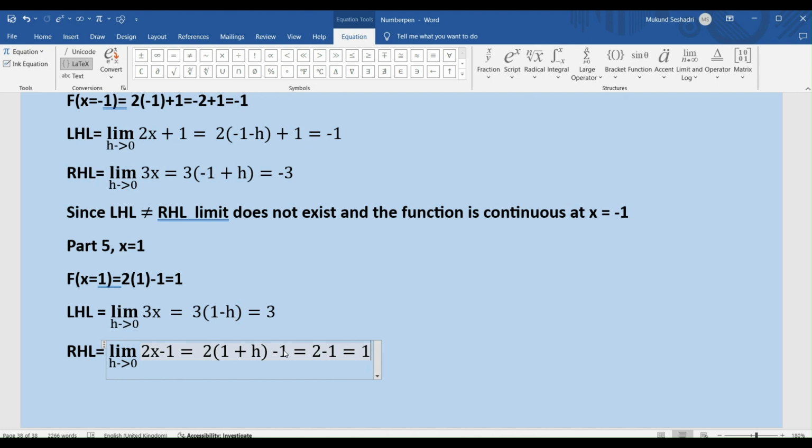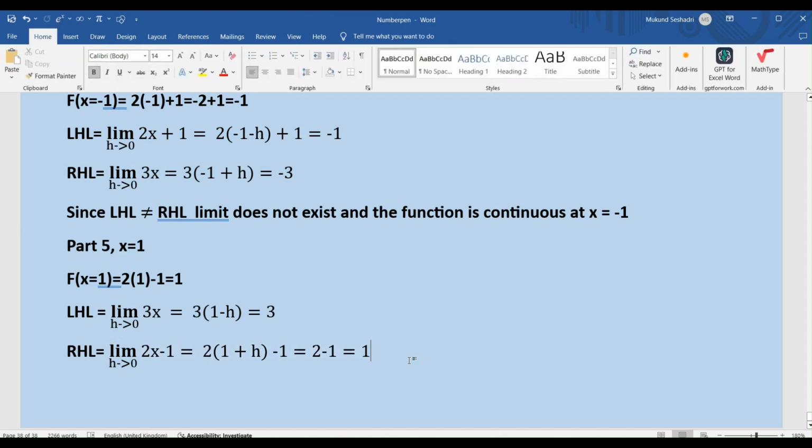So again, like in our part 4, we noticed that at x equal to 1, f of x equal to 1 is defined. It takes a value 1, but then the limits LHL and RHL are not equal to each other, right? So what does that actually mean?